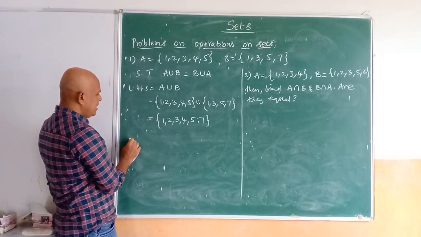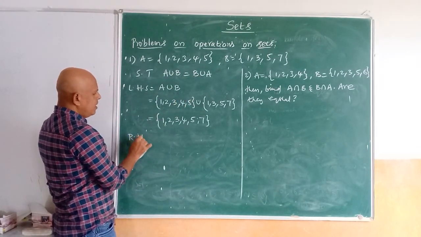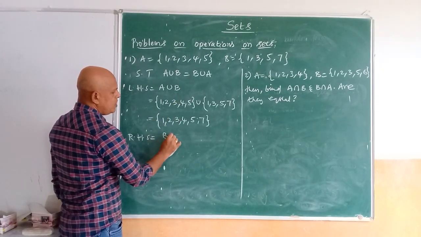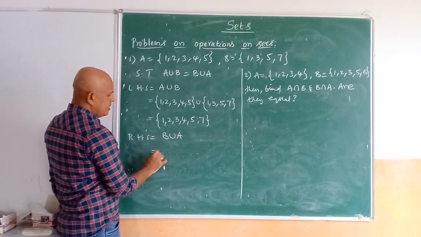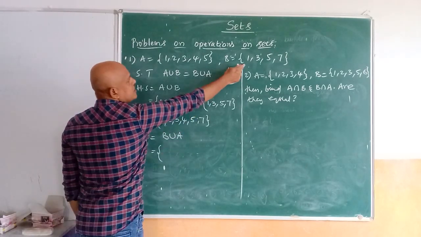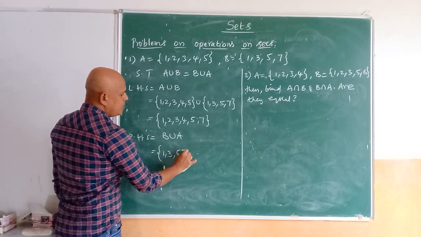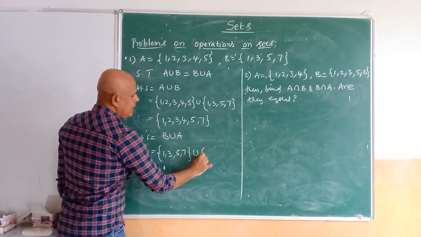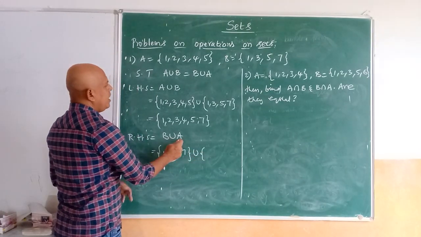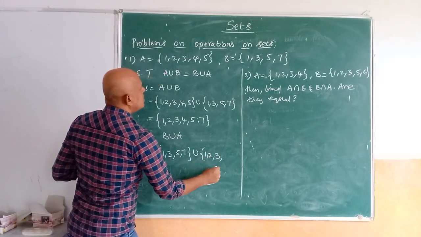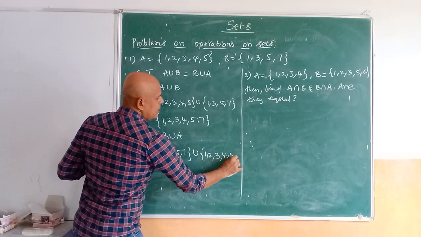It is the RHS. So let us write RHS is equal to B union A. That is equal to elements of B, 1, 3, 5, 7, union elements of A, 1, 2, 3, 4, 5.